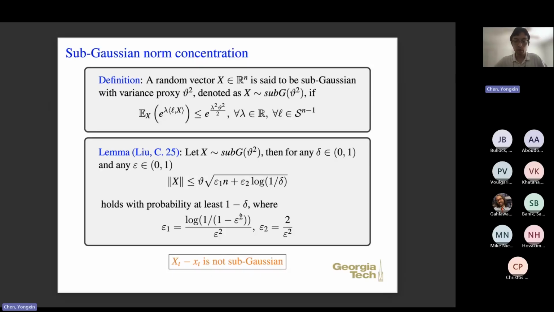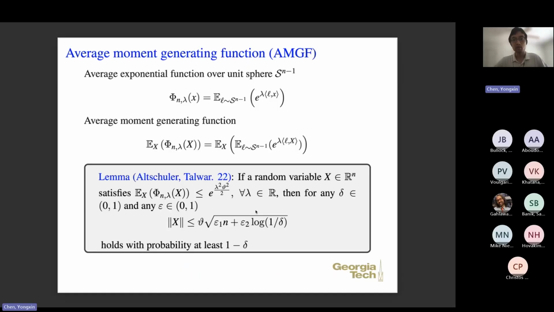So what do we do? The secret weapon we developed is known as the averaged moment generating function, which is the average of the moment generating function, defined to be this. So this is the key. This is the averaged moment generating function. This expectation is over the random variable, and this expectation is over the unit sphere.